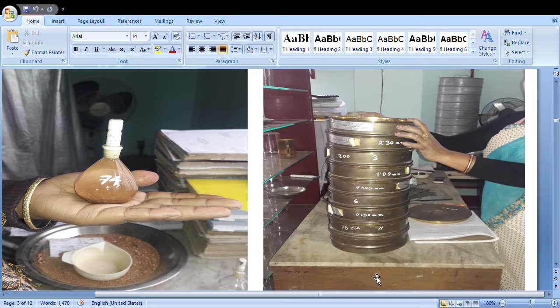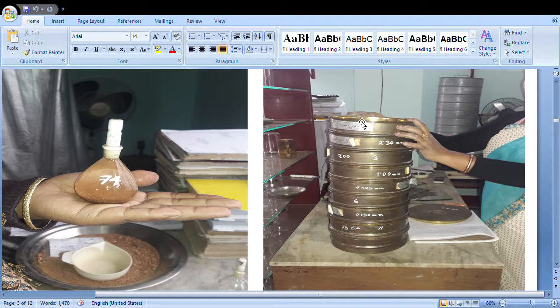Up to 0.75 micron can be tested in sieve analysis, and beyond that we have to go for the sedimentation test and specific gravity test. Specific gravity is a very simple test, but it influences everything in geotechnical engineering.